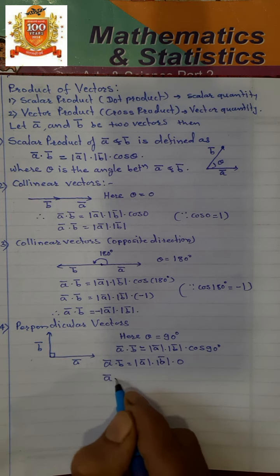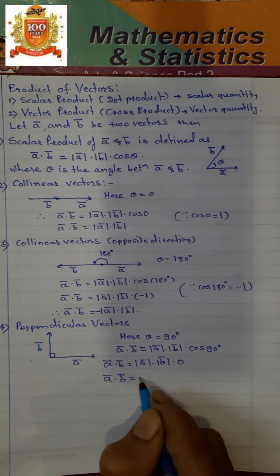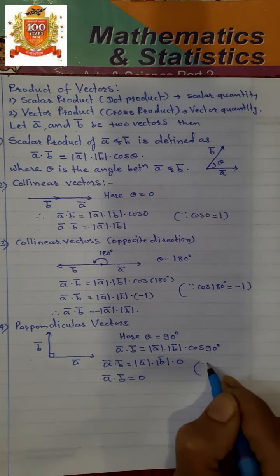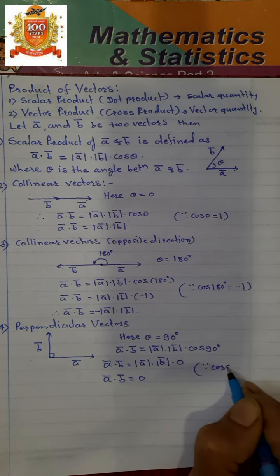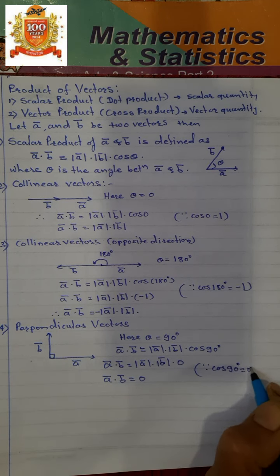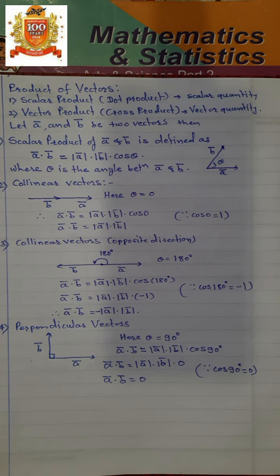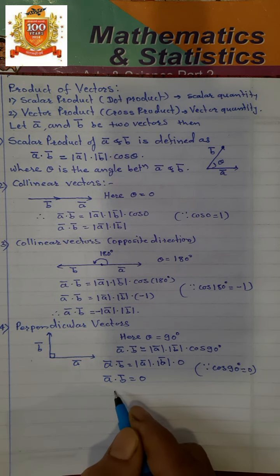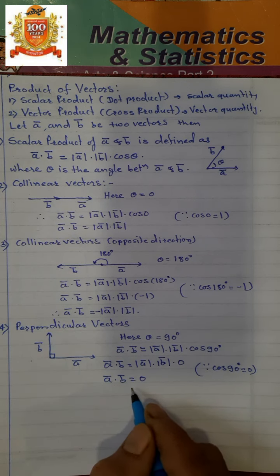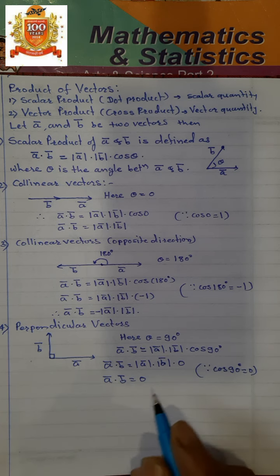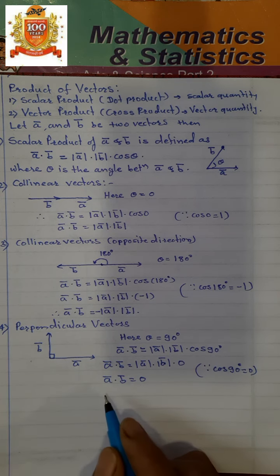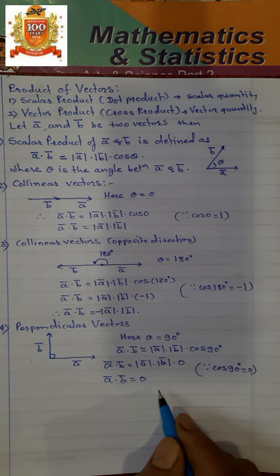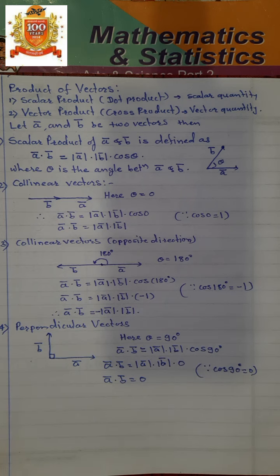Therefore A bar dot B bar is equal to 0, since cos 90 degree is equal to 0. Therefore if dot product of two vectors A bar and B bar is equal to 0, then they are perpendicular to each other. When we can say that two vectors are perpendicular? If their dot product is 0, then we can say that they are perpendicular to each other, isn't it?